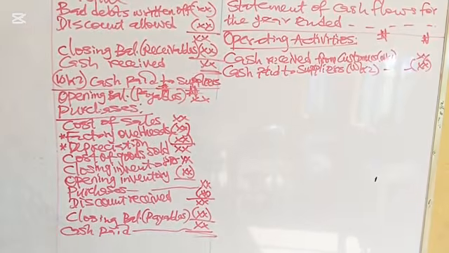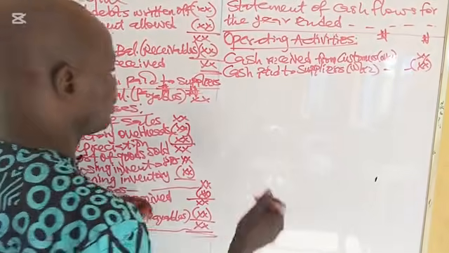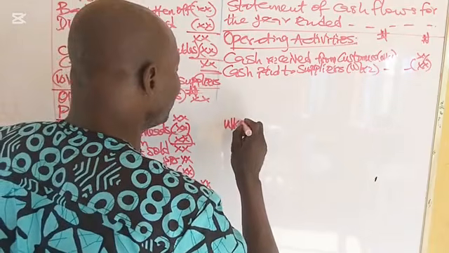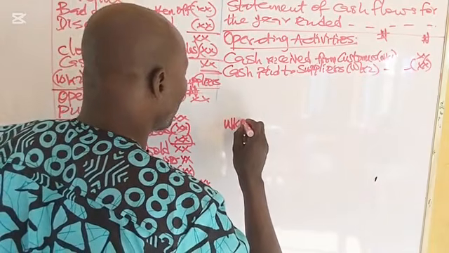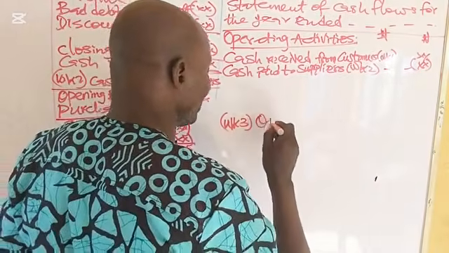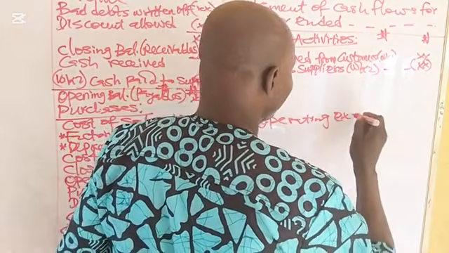Can you give me any of them? Administrative expenses. Distribution expenses. Working number 3. Operating expenses.